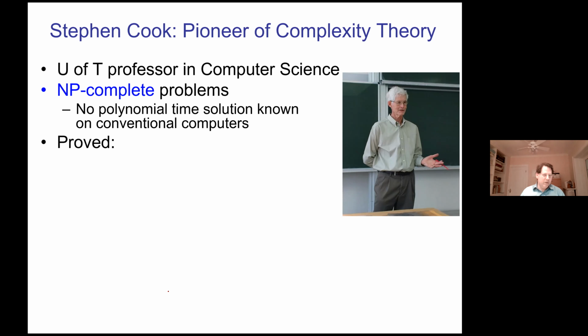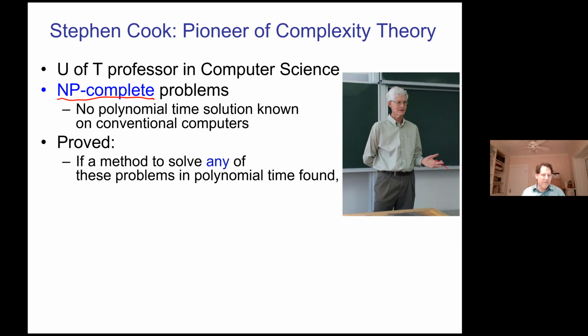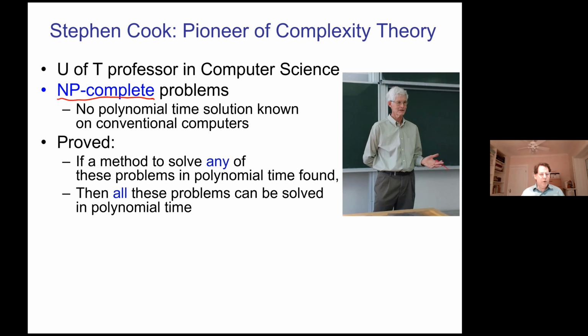The notion of NP complete existed before Stephen Cook did his research, but what he did is he proved that if a method is found to solve any of these problems, and there are a lot of them, protein folding, things in integrated circuit design, breaking encryption, etc., in polynomial time, all of these problems can be transformed into each other so that all of them can be solved in polynomial time, which is actually a pretty interesting result, right?